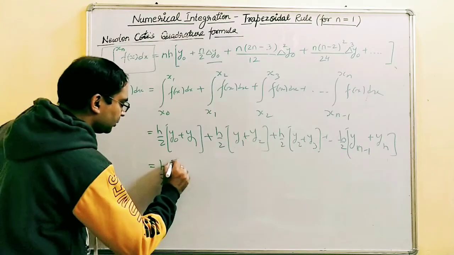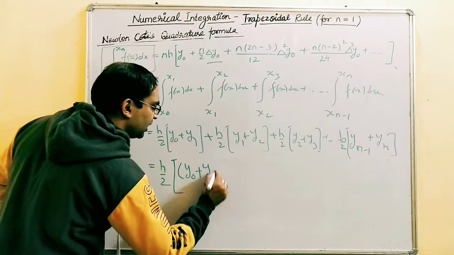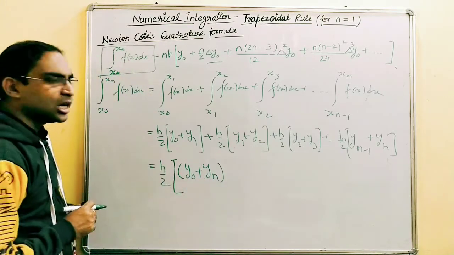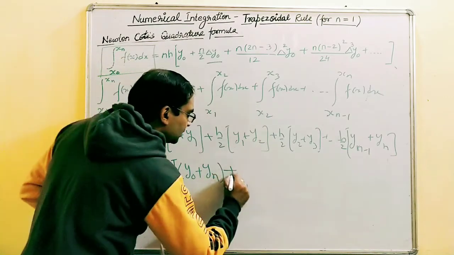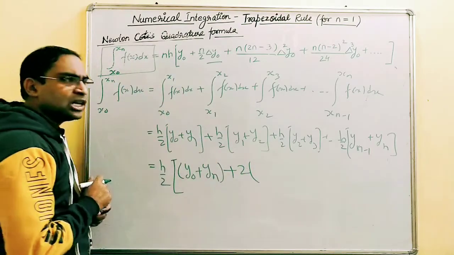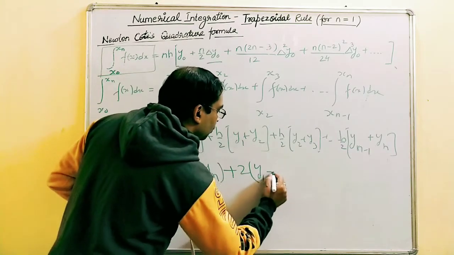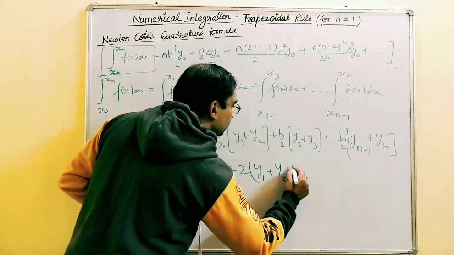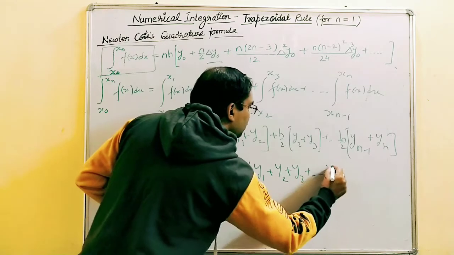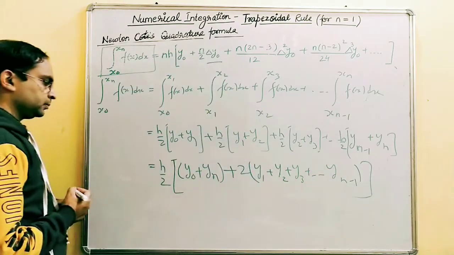So we can write it as y0 plus yn in one group because they are occurring once, plus twice of all the other terms starting from y1 to yn minus 1: y1 plus y2 plus y3 and so on till yn minus 1.